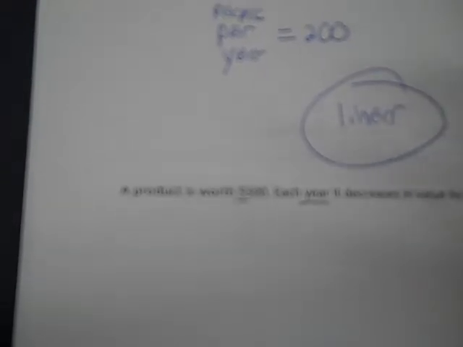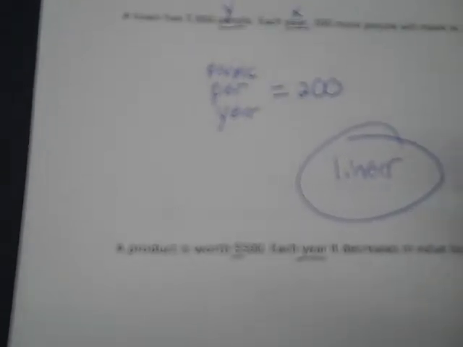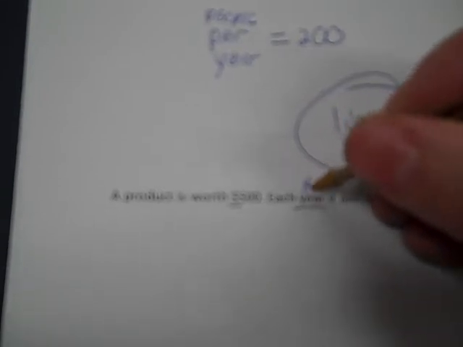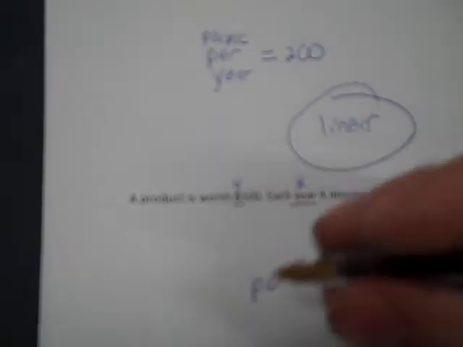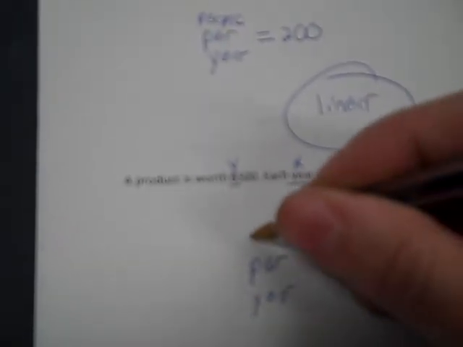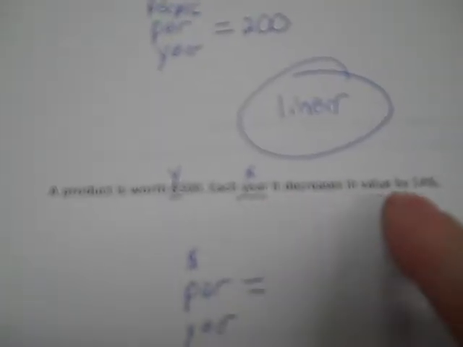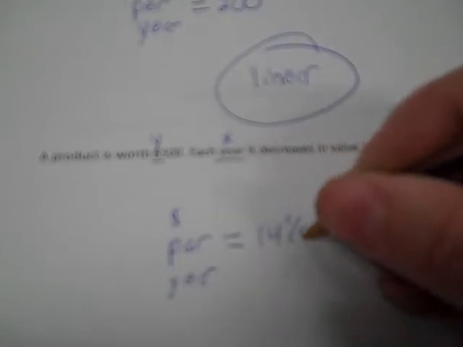Okay, a product is worth $500. Each year it decreases in value by 14%. Okay, so X and Y. So per would be per year. It'd be dollars per year. Now it says each year it's 14%. Well, 14% is not the same as $14.